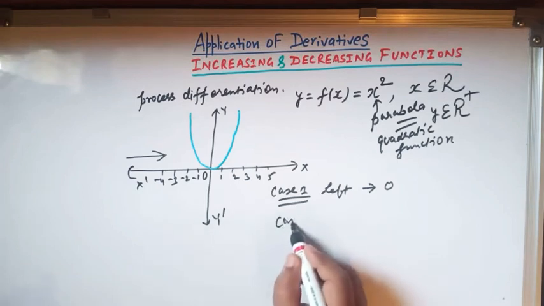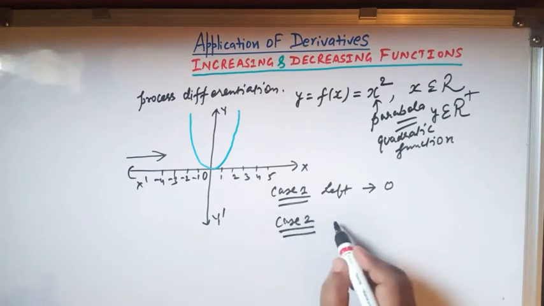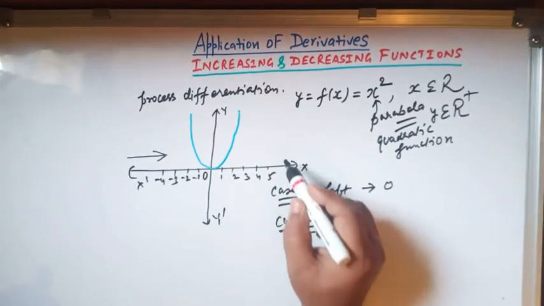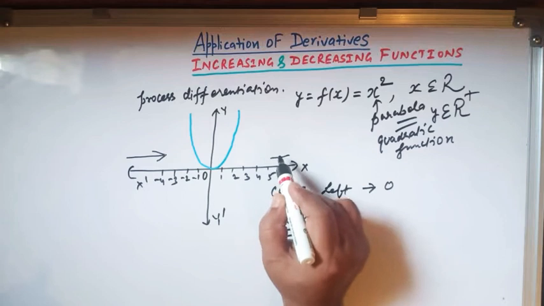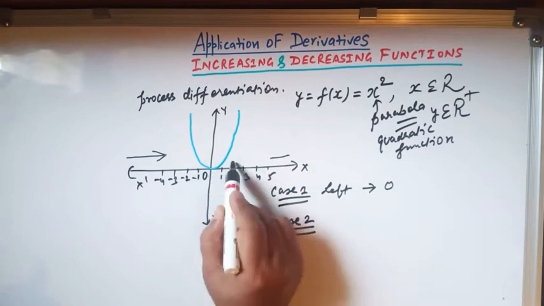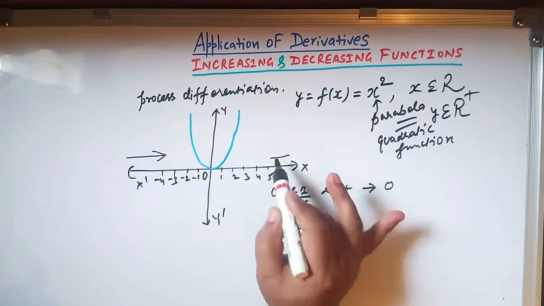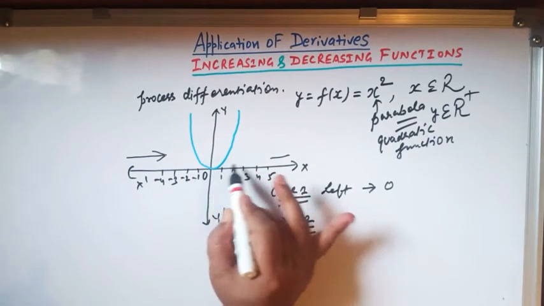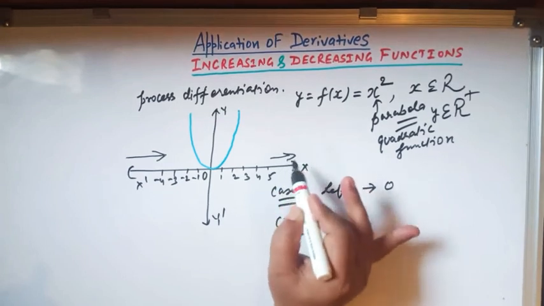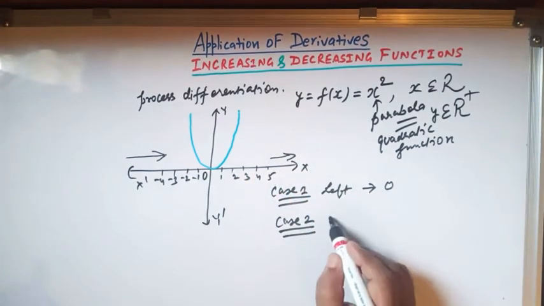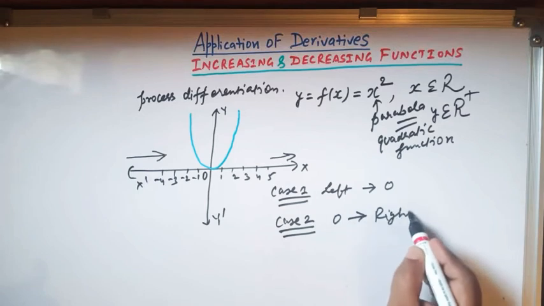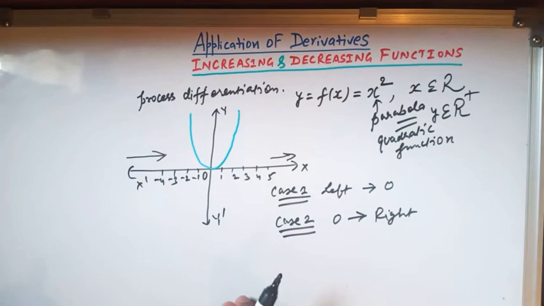And if we proceed from right, that is, if we take the points from 0 towards this side, then we see that the graph increases. Clear?